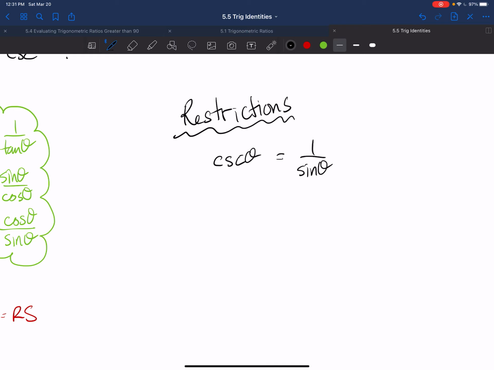So if you are looking for restrictions, that means that the denominator can't be equal to 0. So basically, when is this thing undefined? So some angle would make cosecant theta undefined. Now, that's going to happen whenever sine theta is equal to 0. So that's what you're thinking about.